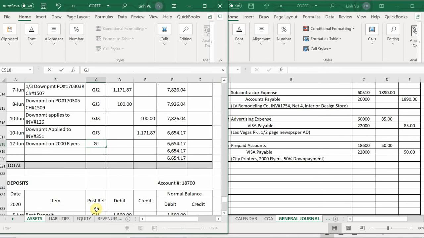General journal, once again, we're still on 4. And we increased our prepaid accounts by $50.